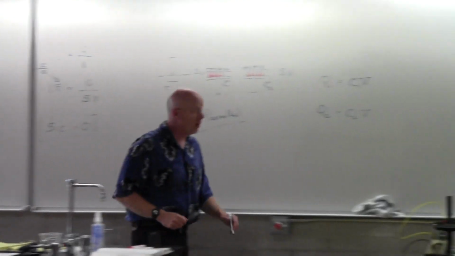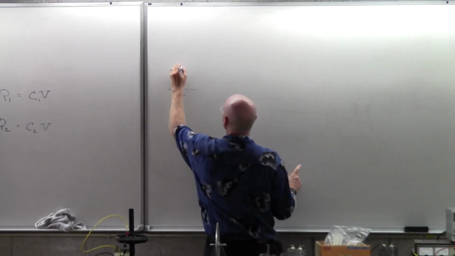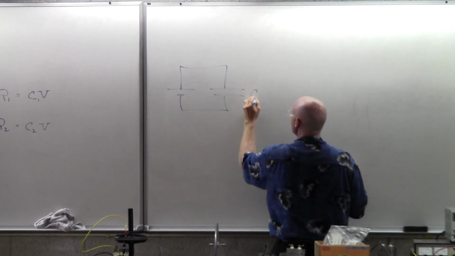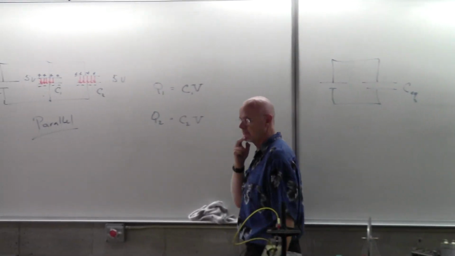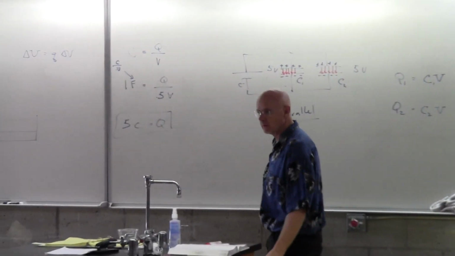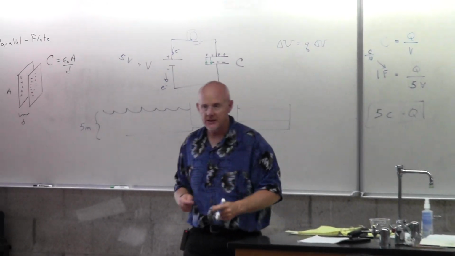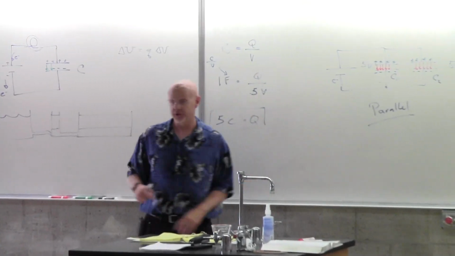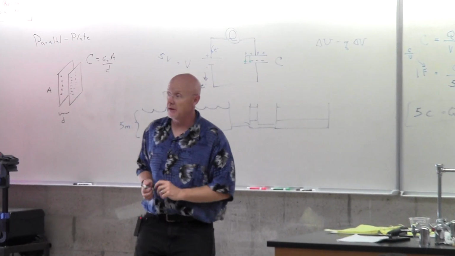I'll even do one step more. I claim that these two capacitors are really the equivalent of one. I mean, physically they may go on different plates, but the process is really identical to something like this, where the charge comes out of the battery.